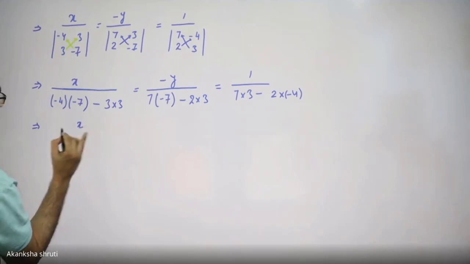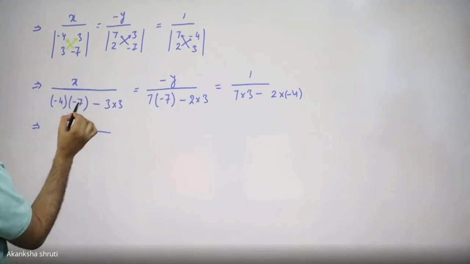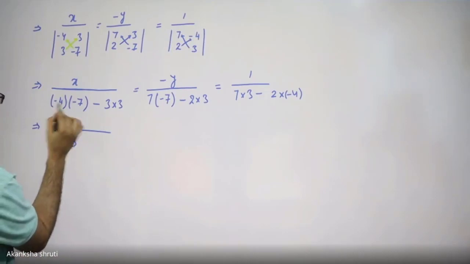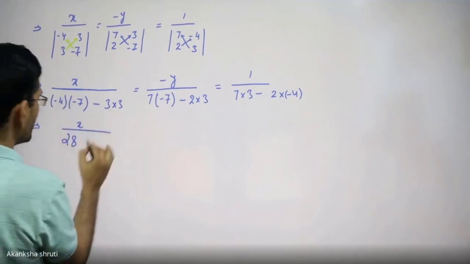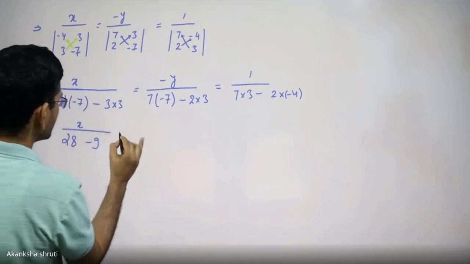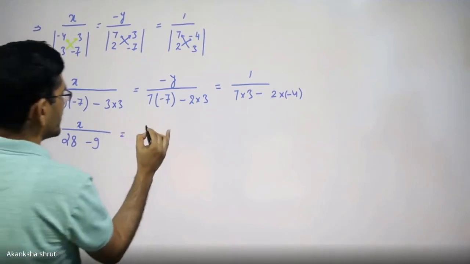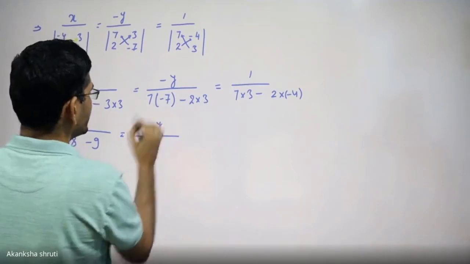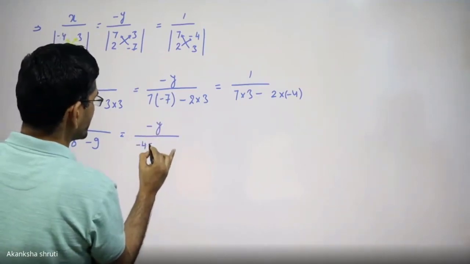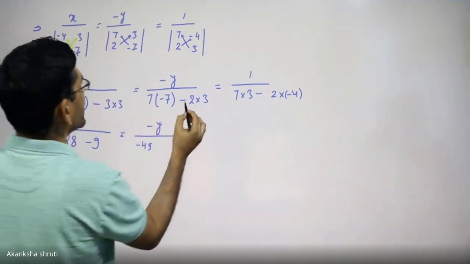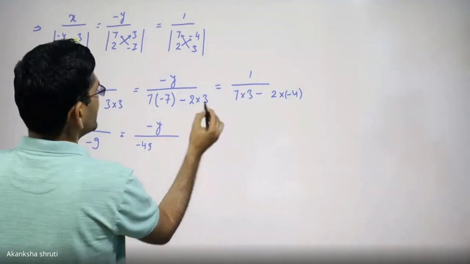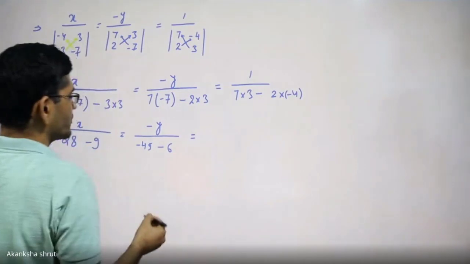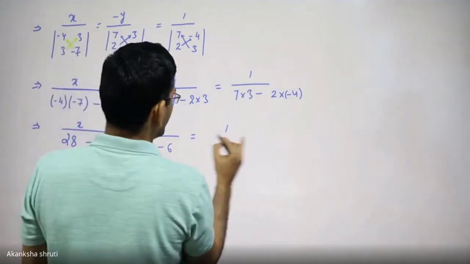Then go for simplifying this. It becomes x. 7 into 4, 28. Signs are very important. Minus into minus becomes plus. Minus of 9 is equal to minus of y divided by 7 sevens are minus of 49. Then minus of 3 twos are 6 is equal to 1.